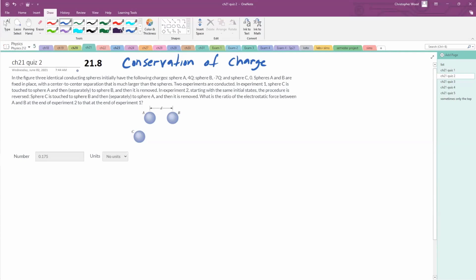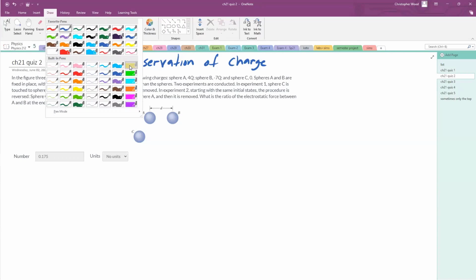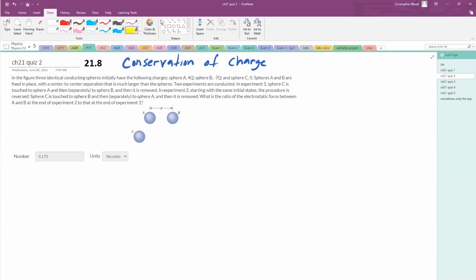Let me read through it. In this figure, and let me just highlight key points, 3 identical conducting spheres initially have the following characteristics. The charge on A is 4Q. And you could say, what does Q mean? Q in this case is just talking about the amount of charge.